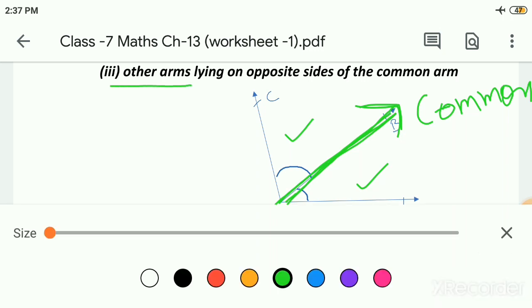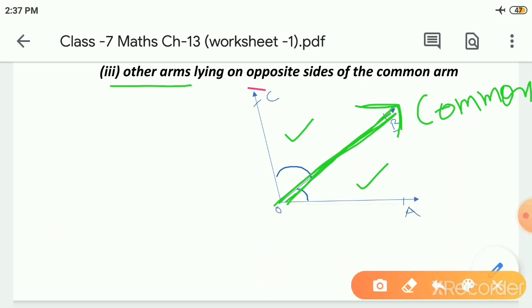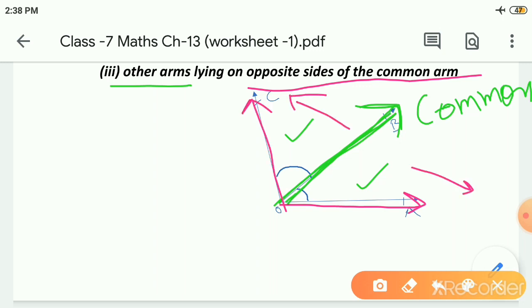It means the remaining two arms lie on opposite sides of the common arm. This is the common arm, the middle one. The remaining arms you can see are on opposite sides. One is this side and one is this side. If these three conditions are satisfied for two angles, we say the two angles are adjacent.